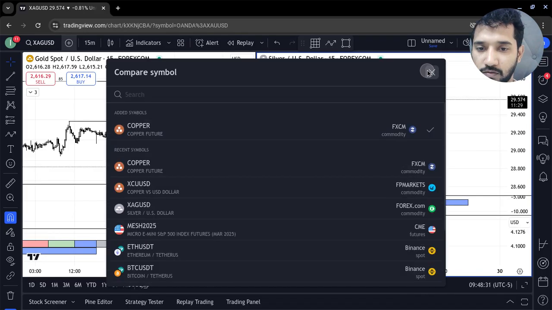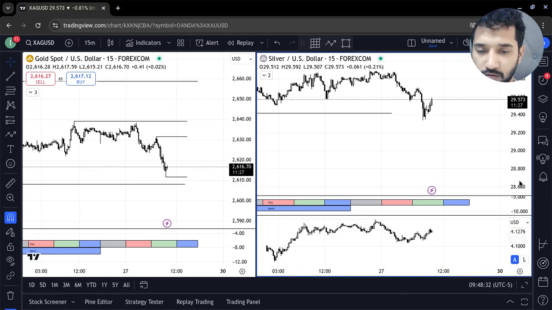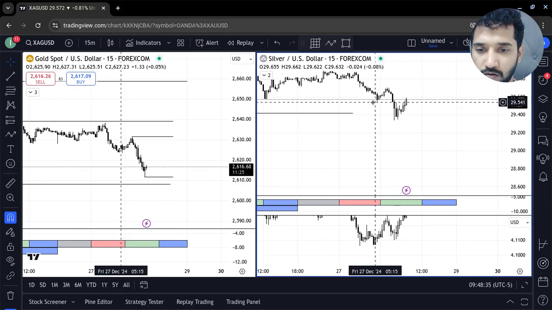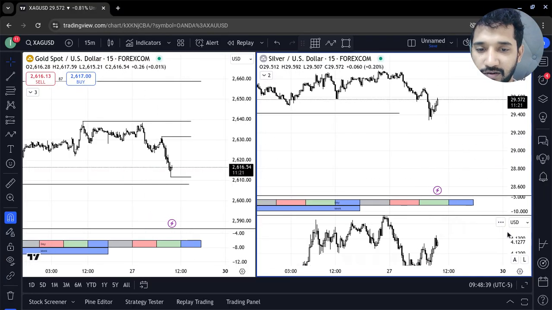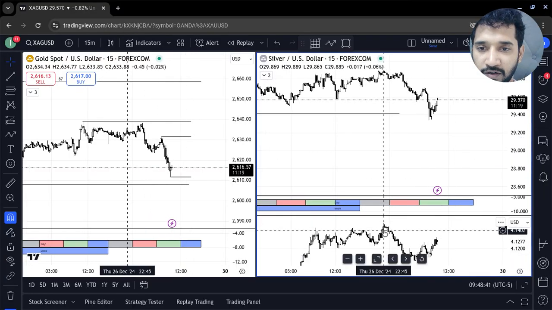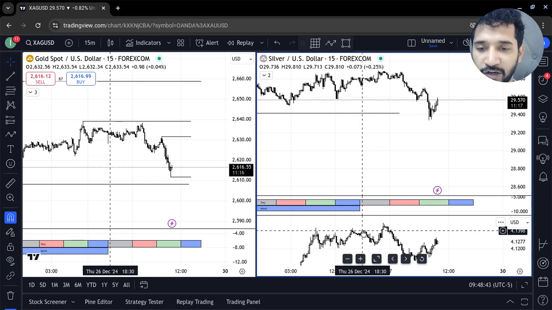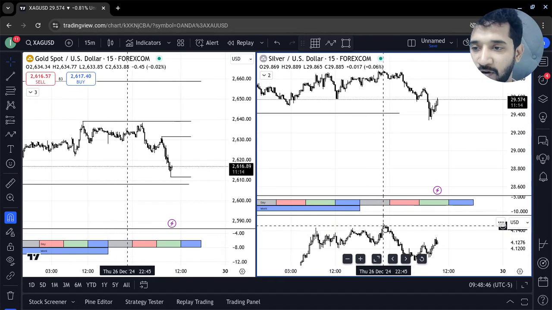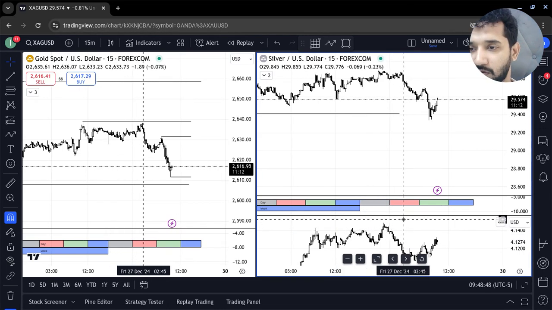Let's see. I don't know why, I just like looking at it, right? Even though you should have DXY over here instead of copper, but you know.